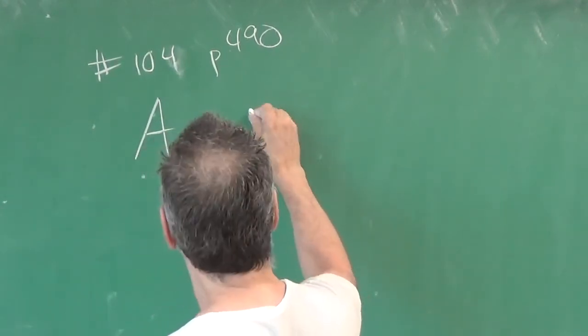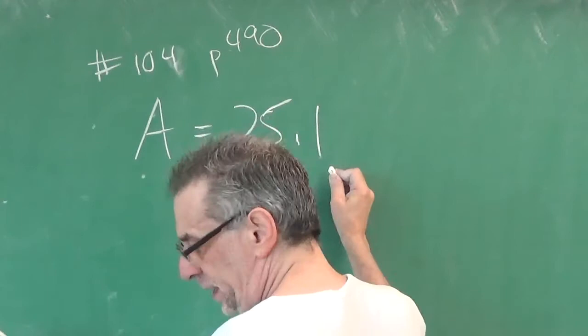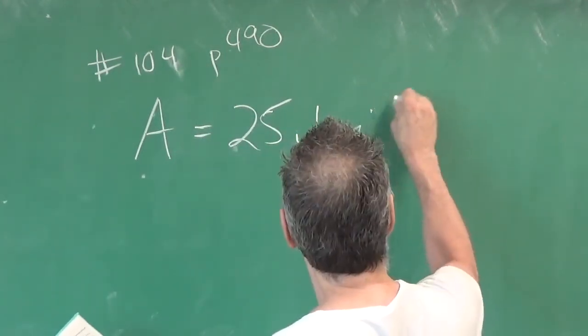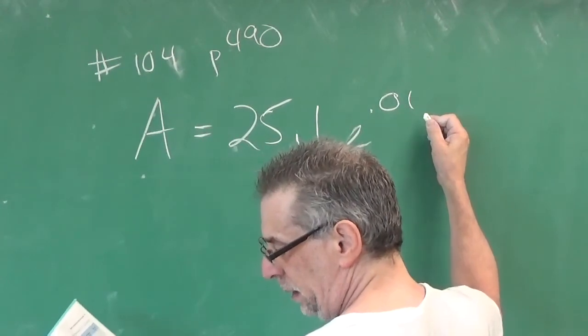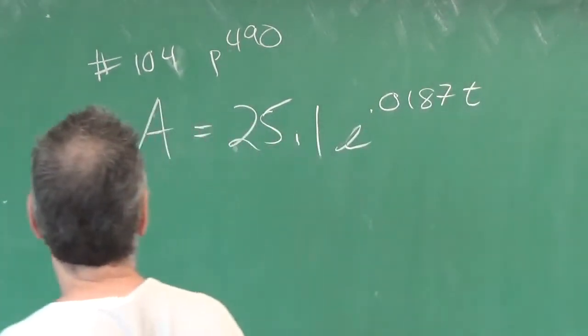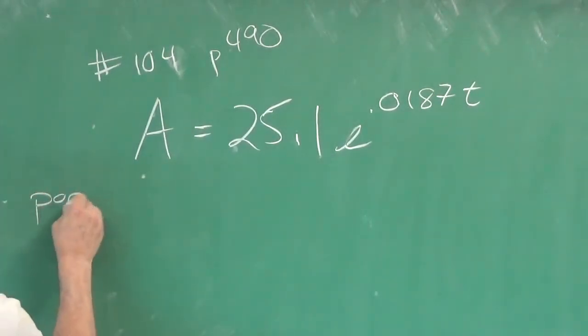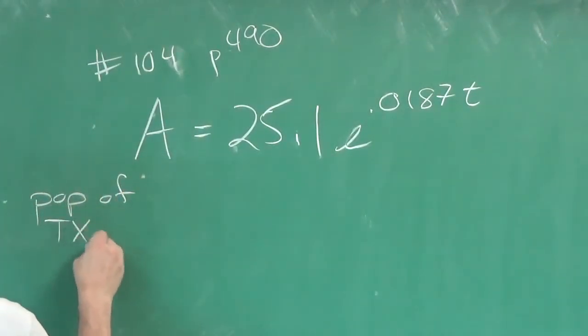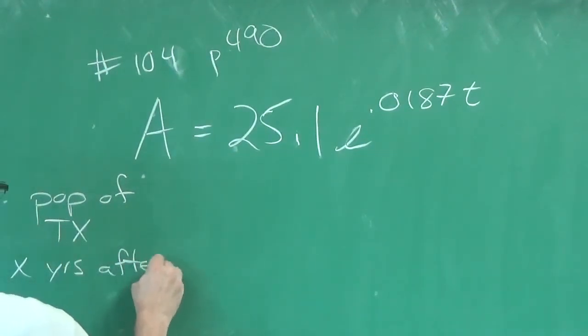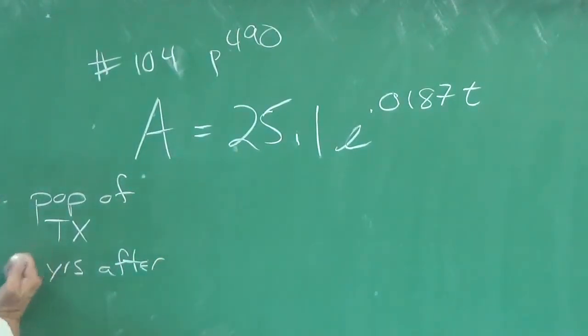So this is the population of Texas in millions, 0.0187 T. All right, so this is the population of Texas T years after 2010.